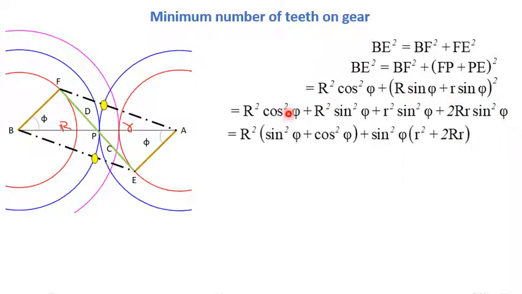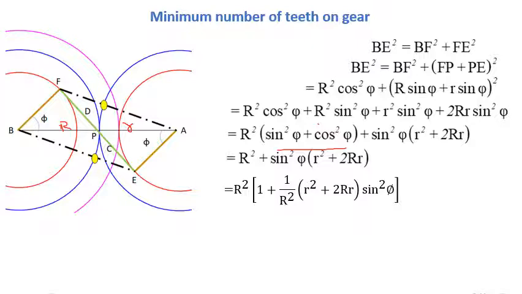Now we can take capital R square common, and the remaining terms are sin square phi plus cos square phi, plus sin square phi as common, taken outside: small r square plus 2 times capital R into small r. Here we know that sin square theta plus cos square theta is 1, therefore in place of sin square phi plus cos square phi we can write 1. So the above equation becomes R square plus sin square phi into small r square plus 2 times capital R into small r.